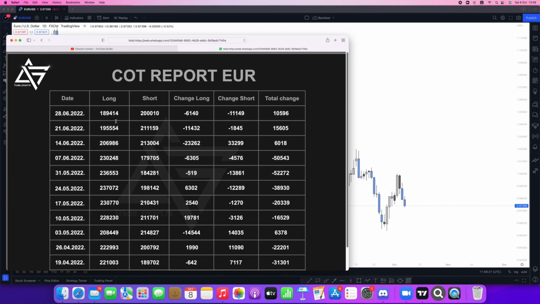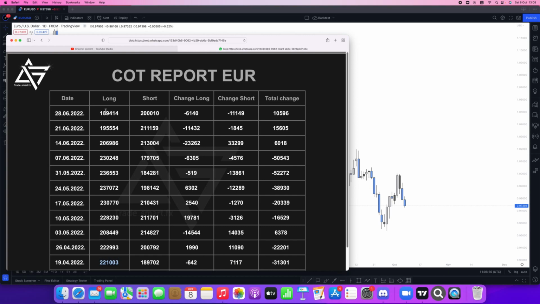So based on this, you're going to see from April to June what institutions have done. If you look at this date here, you see that they have this amount of long positions currently running on EUR/USD. And you can see over time that amount was going a little bit under, a little bit above, and right now it's going under.